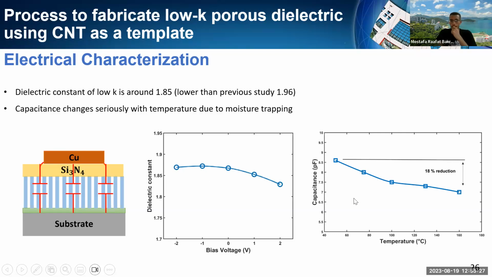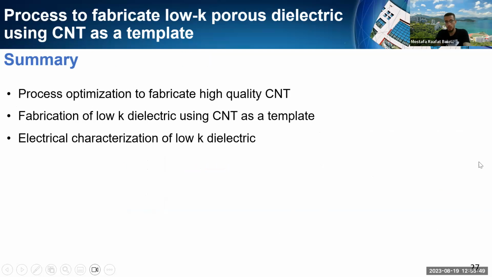We found also that the capacitance of the same sample is reduced with higher temperature. This is due to the moisture uptake into these air pores, and with higher temperature, the moisture is evaporated and the dielectric constant is getting smaller.